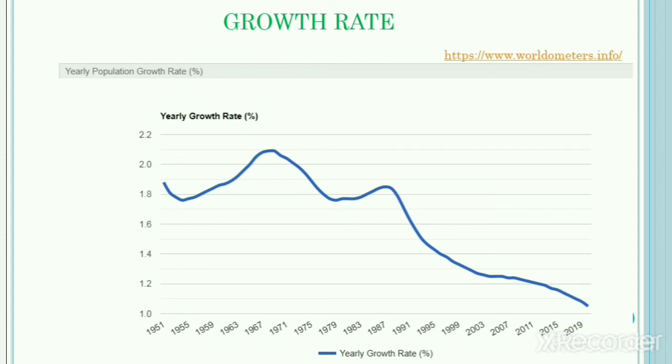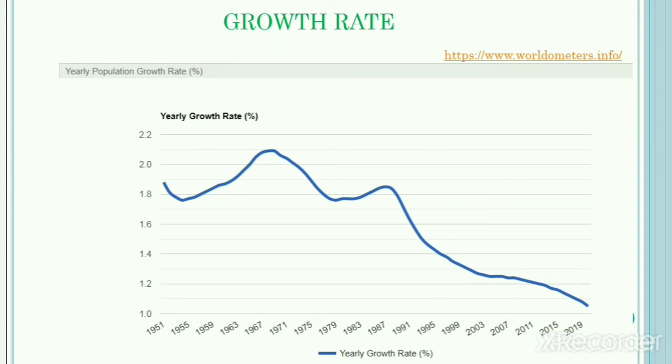Now, if you look at the growth rate of the population, currently the world population is growing at a rate of around 1.05% per year. It was earlier 1.08% in 2019 and 1.1% in the year 2018.